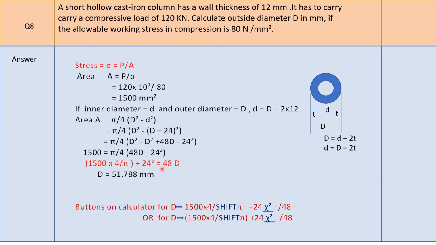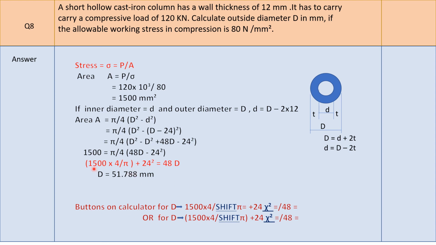Now what you are getting on your calculator is 48d. After pressing equal to, press divided by 48 is equal to, and you will get this answer, 51.788 mm.